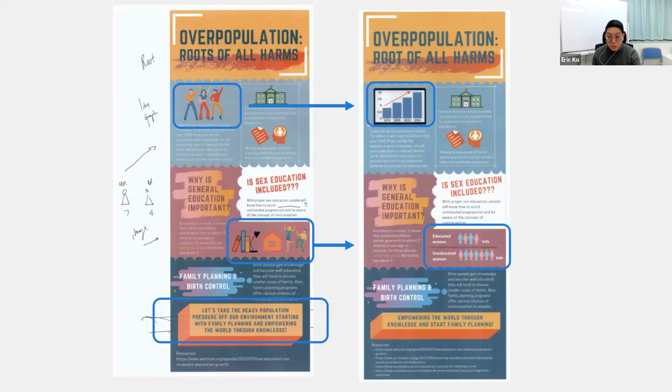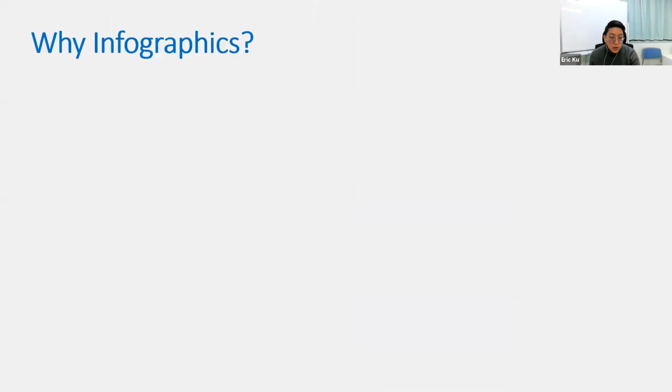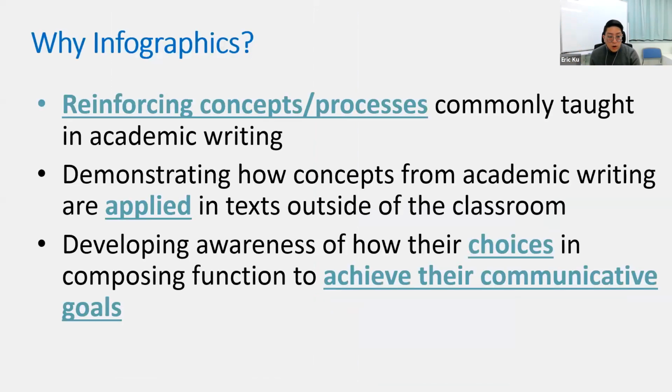Or when they're converting an infographic from their academic paper, sometimes they just copy and paste entire paragraphs. So you want them to be more concise on an infographic. This is the process of revision. They'll change these things.